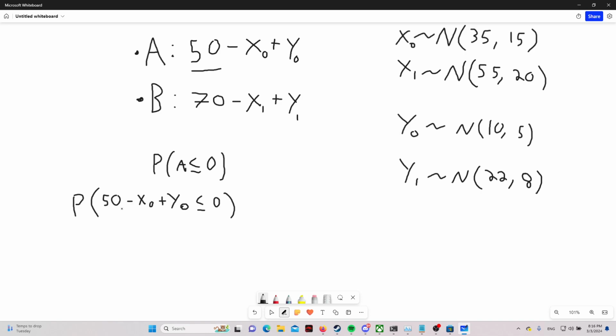And we can move this 50 to the other side. So this is negative x naught plus y naught is less than or equal to negative 50. And then we can rearrange this inside as probability of y naught minus x naught less than or equal to negative 50.